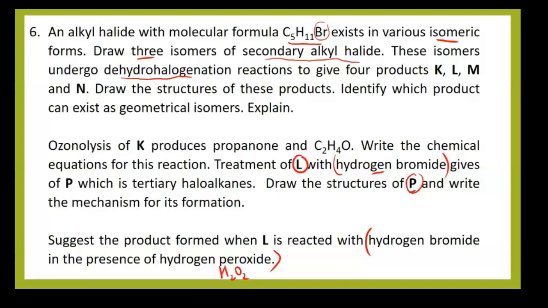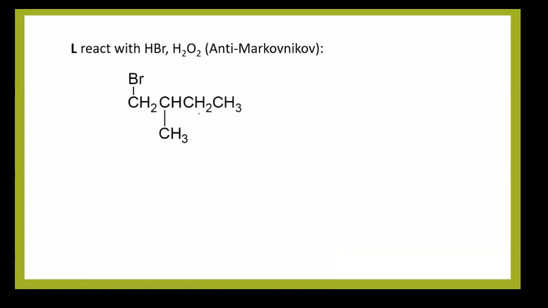So the addition of HBr follows the anti-Markovnikov rule. We already know which one is L, so when L reacts with HBr in the presence of H2O2, it follows the anti-Markovnikov rule, and we get this answer.